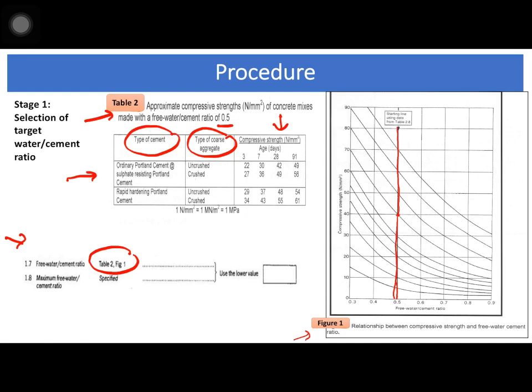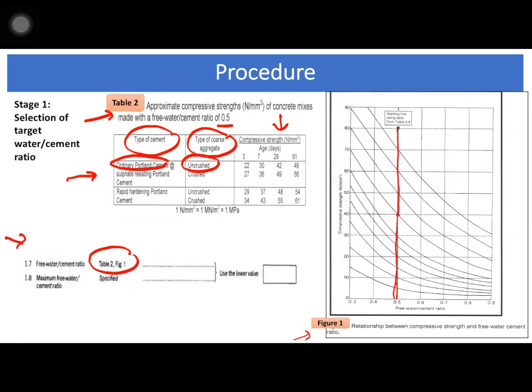So here, what is the type of cement that we use in this testing? We are using OPC here. And then next column, what is the info about the coarse aggregate? Is it uncrushed or crushed? We are using uncrushed, right? So what is the strength for the 28 days?